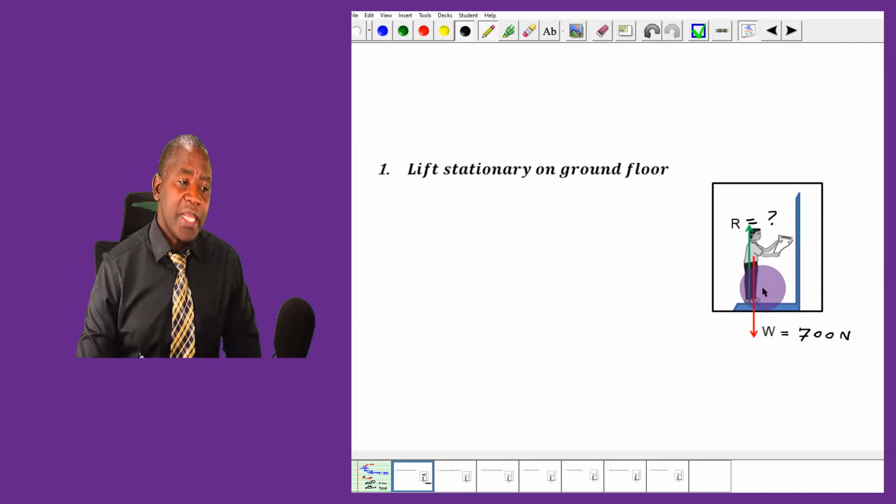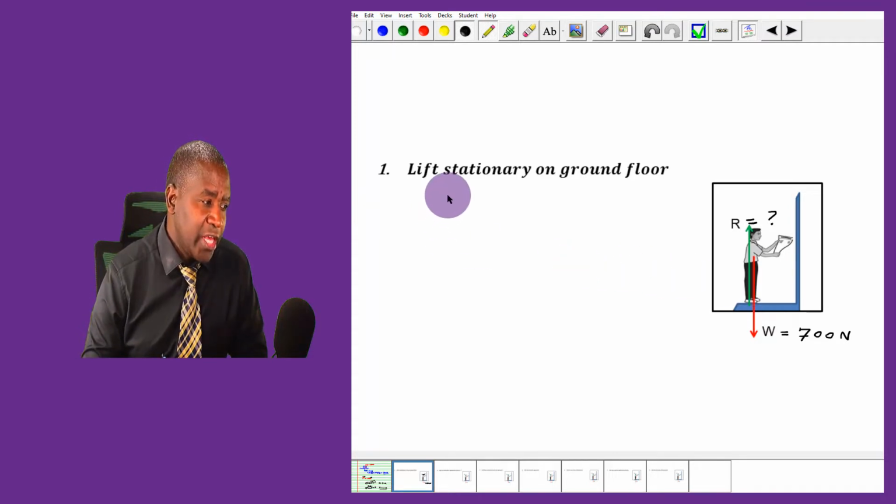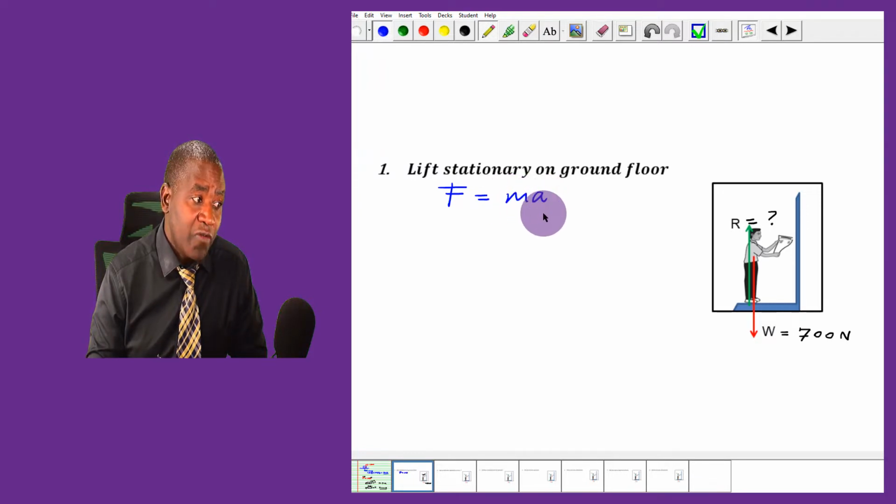So in this case, the acceleration of the lift is 0. Let's use the equation F equals ma and see what we get. So the resultant force on the person is going to be equal to the mass of the person times the acceleration of that person. Remember, the acceleration is 0.